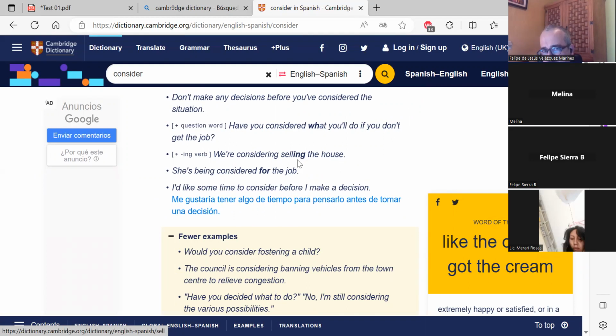Why? Because this is a gerund. This is not a verb. Why not a verb? Because it's working as a noun. So a present participle, ing verb, when it is not a verb, it's considered a gerund. It might be a noun or an adjective. In this case, pay attention.